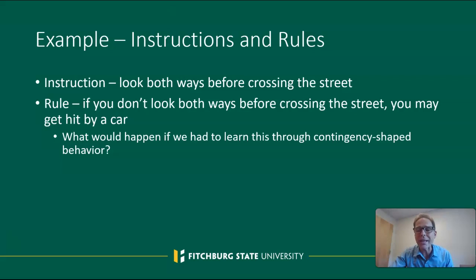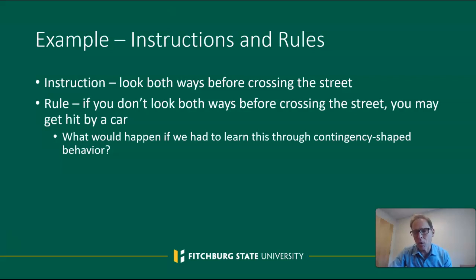So it's an unlikely outcome, but it's a really important outcome for the learner to understand may take place, and it's really important that outcome impacts the learner's behavior. Okay, so the instruction, look both ways before crossing the street. The rule, if you don't look both ways before crossing the street, you may get hit by a car.